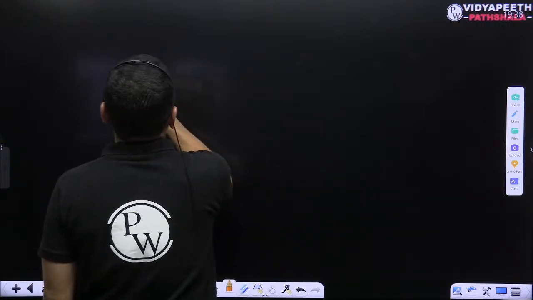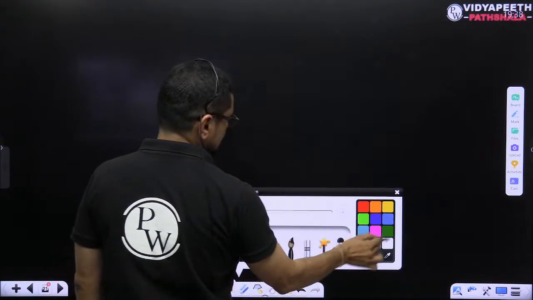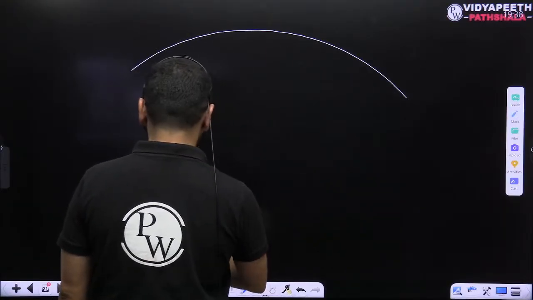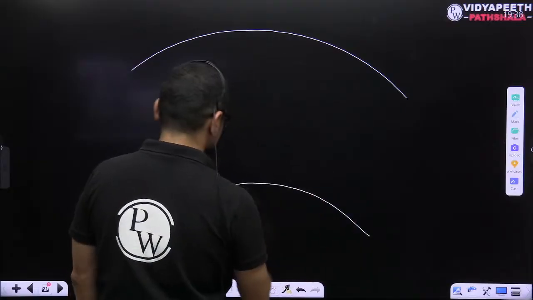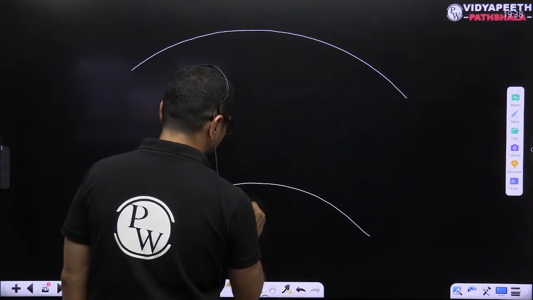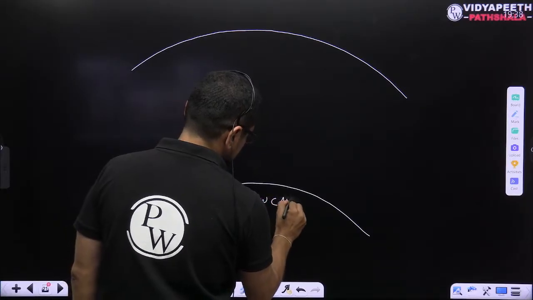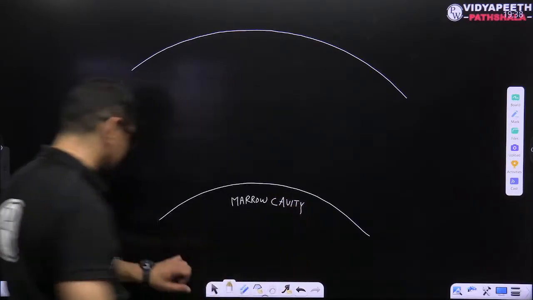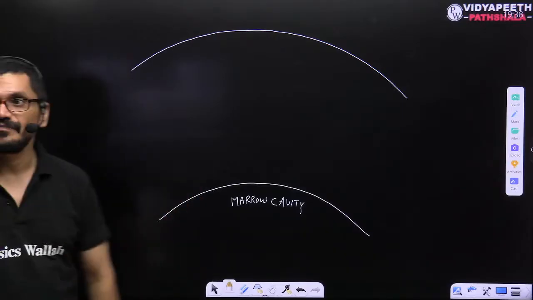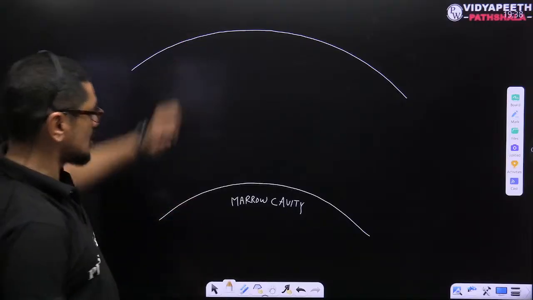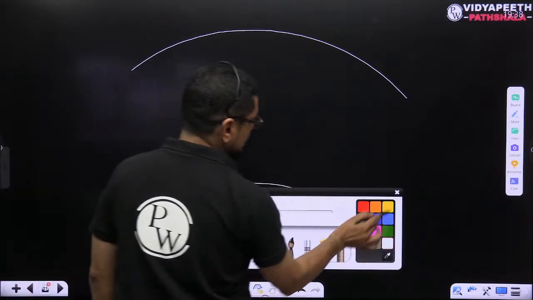So this is the outermost layer of the bone, and the empty space present here is the bone marrow, the marrow cavity. Am I clear? This is the marrow cavity, that is the outermost layer. And now here you can see one layer.